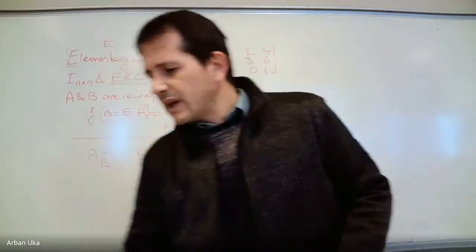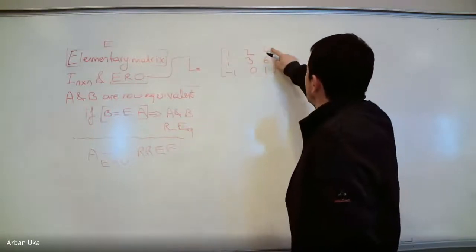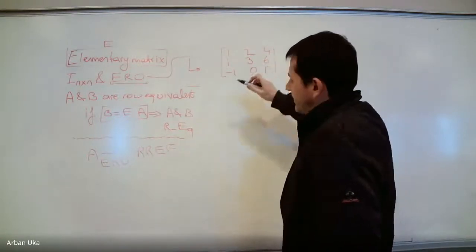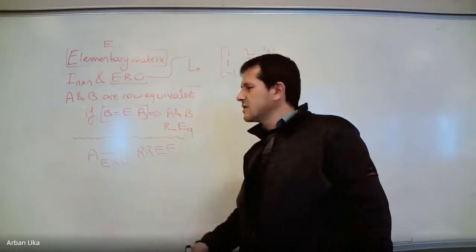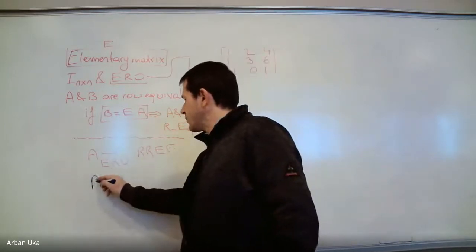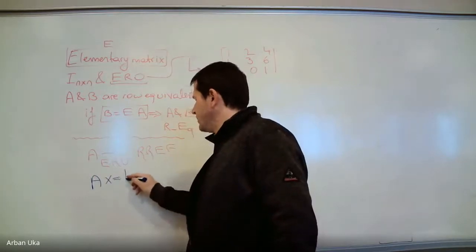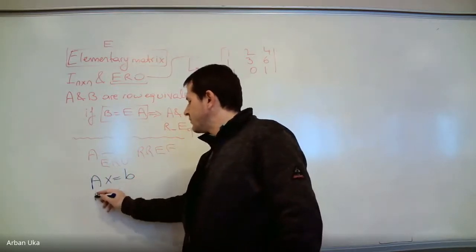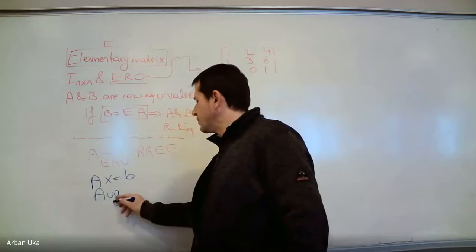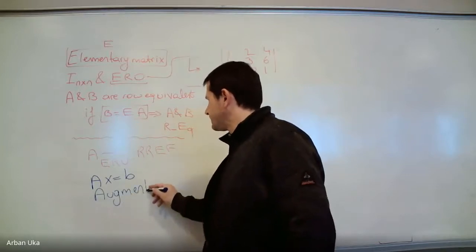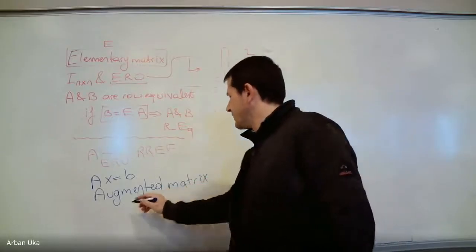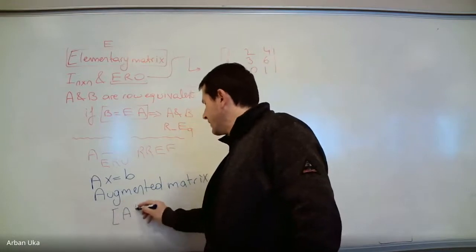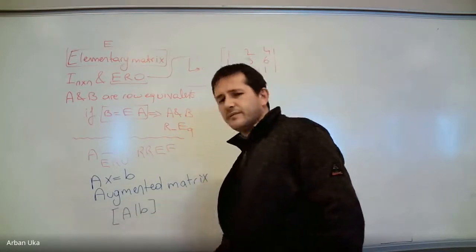Now, a small reminder: when we solved systems of linear equations from AX equal to B, we used to have a matrix that we called what? Do you remember what we called that matrix? Augmented matrix, yes, which we constructed like this. We put A and we merge the B, okay?